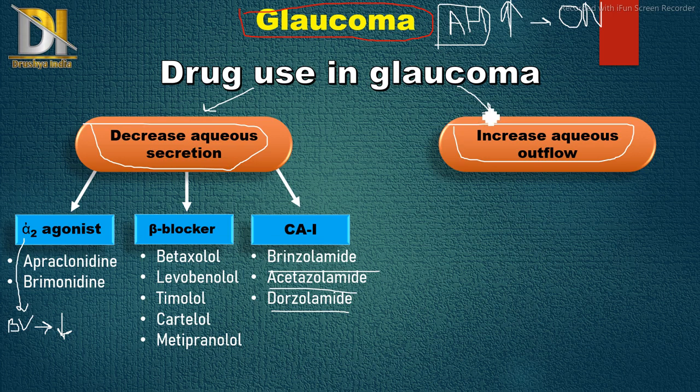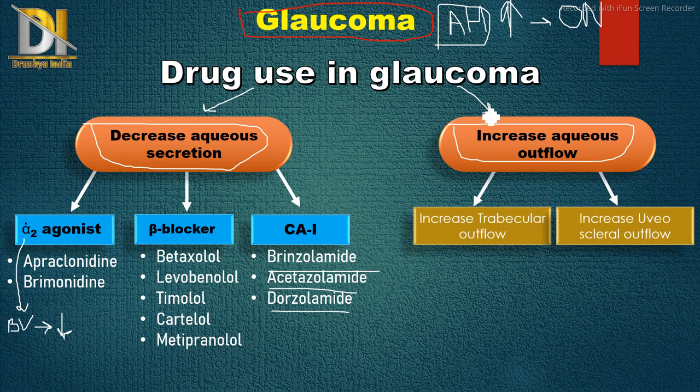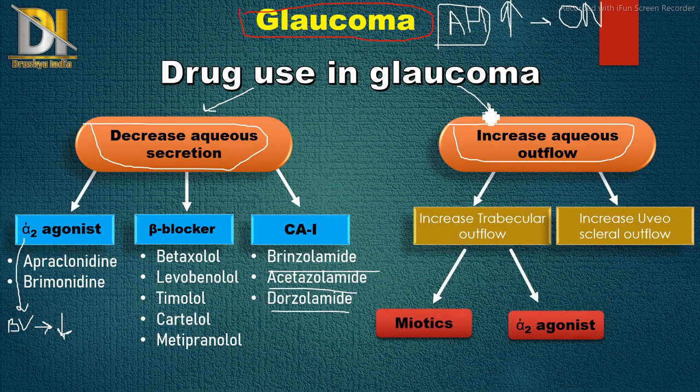Now we are increasing the outflow or drainage of that aqueous humor. We can do this by two processes: by increasing trabecular outflow or by increasing uveoscleral outflow.